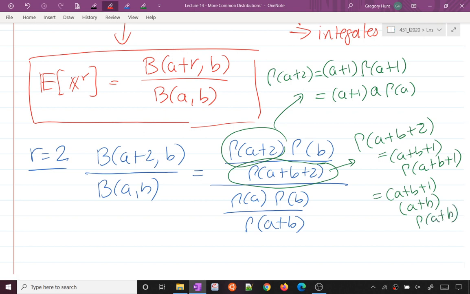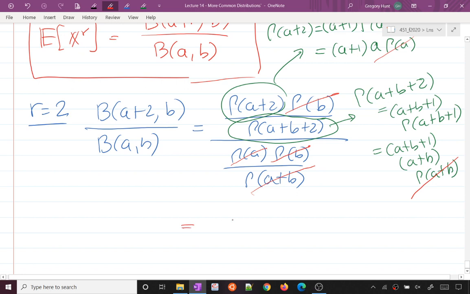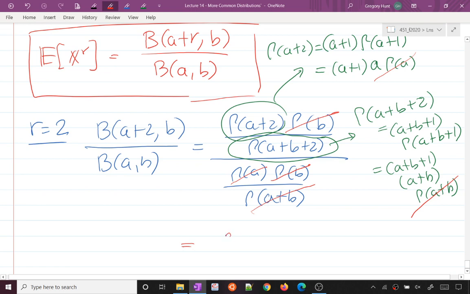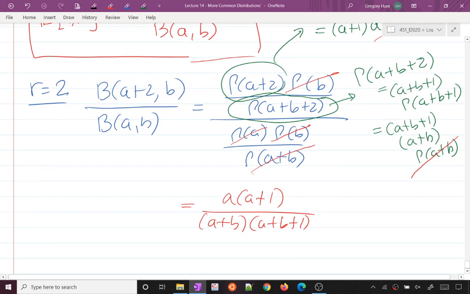And so when I cancel things, gamma of b cancels, gamma of a cancels, gamma of a plus b cancels. What we're going to get is, in the top here, we will be left with a times a plus 1, and in the bottom, we'll be left with a plus b times a plus b plus 1. I went through that a little bit quickly, but you can go through it slower. But just some simplifying tricks with the gamma function.